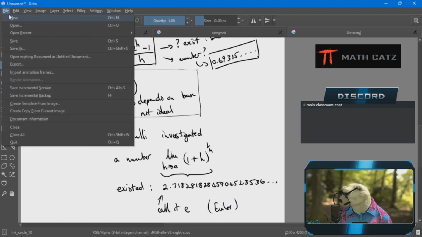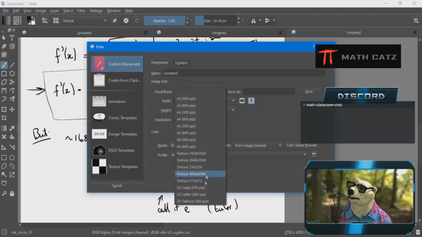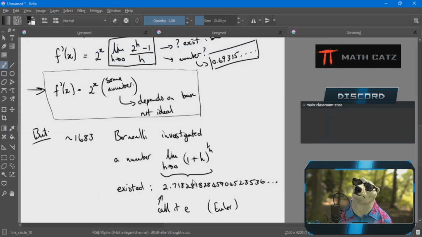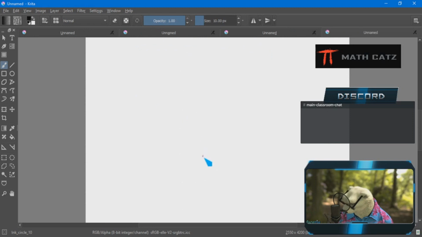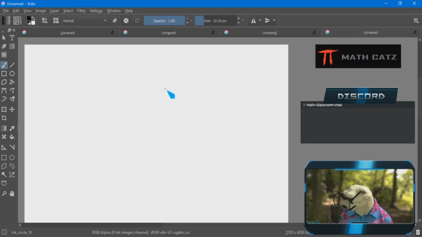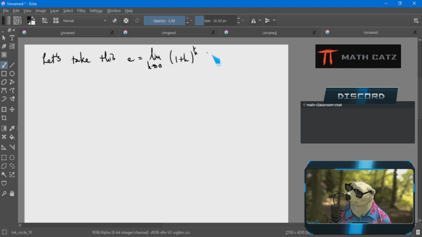Let me just make a new page. He said, let's take this number as the base and see what happens. As weird as that number is, he took this E, which is the limit, h approaches 0, 1 plus h to the power of 1 over h.